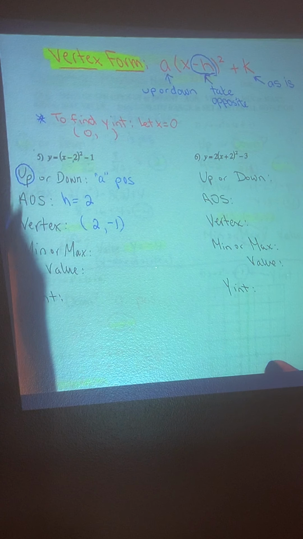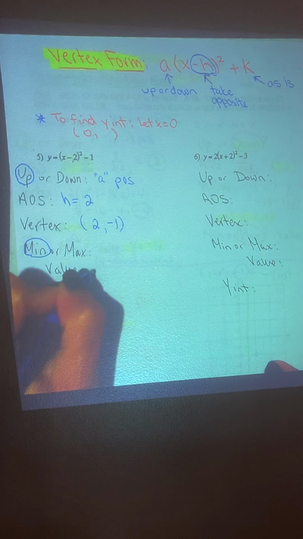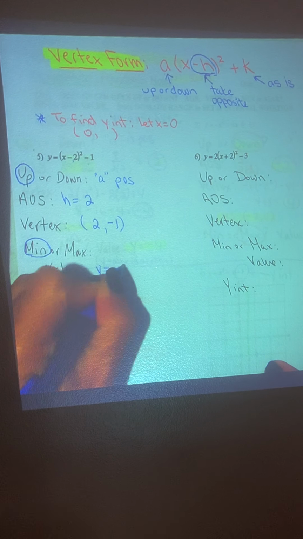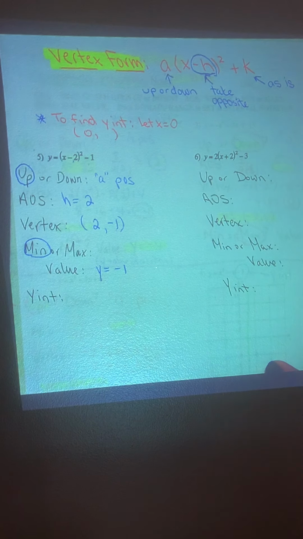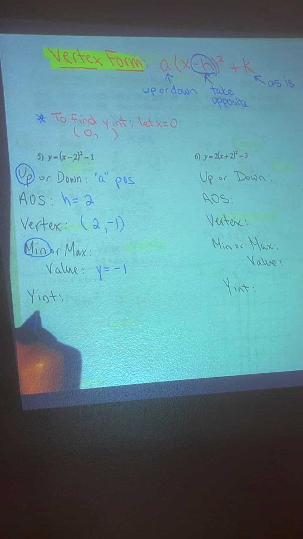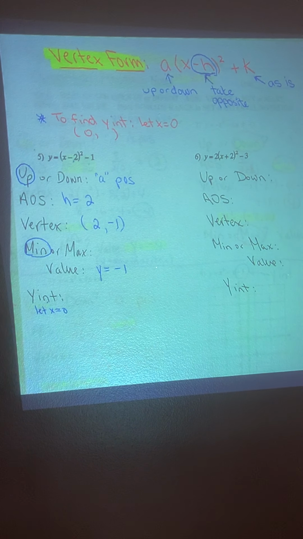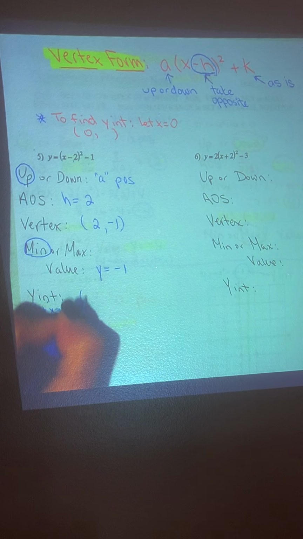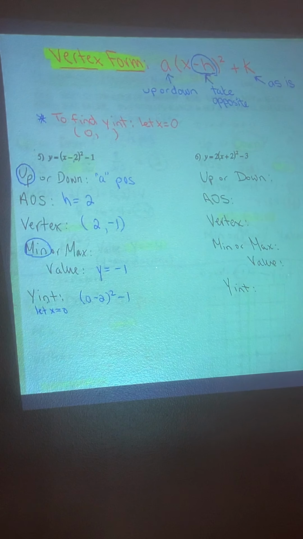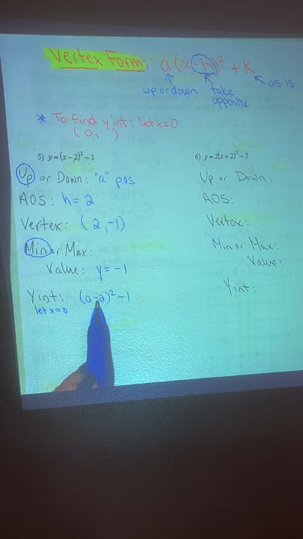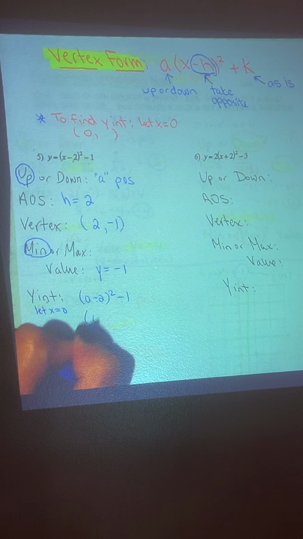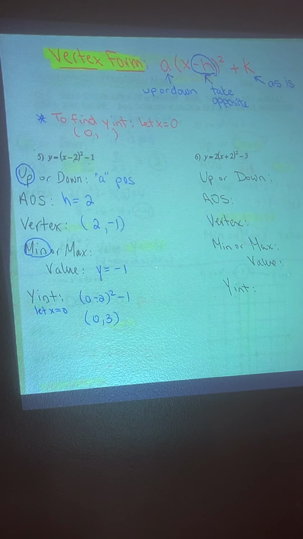Min or max: if it's up, it's a min, and the min value is negative 1, the y value of the vertex. To find the y-intercept, let x equal 0. 0 minus 2 is negative 2, squared is 4, 4 minus 1 is 3. So our y-intercept is 0, 3. And here we go.